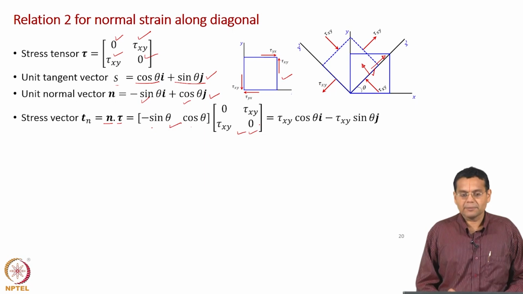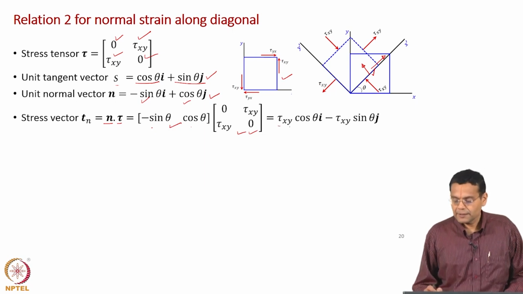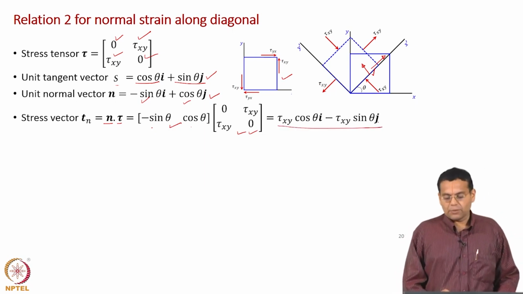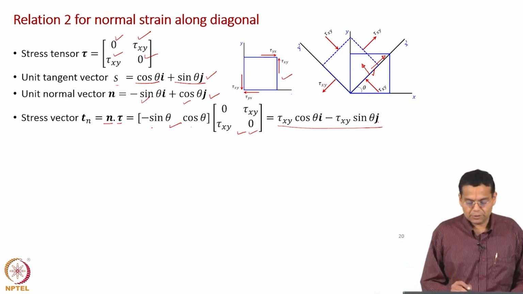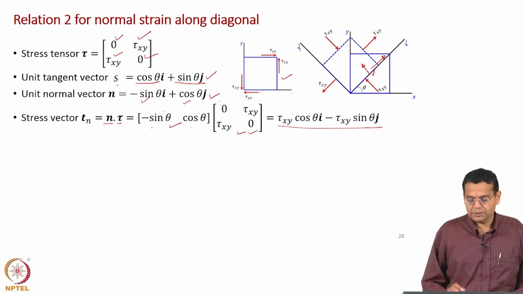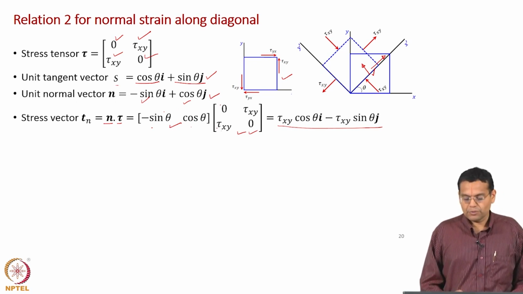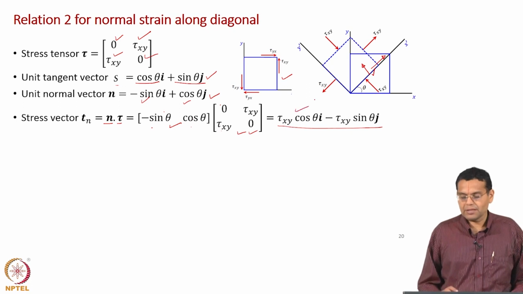A simple matrix multiplication will give us this vector: tau xy cos theta i minus tau xy sin theta j. How do you do that? Minus sin theta into 0 is 0, and then cos theta into tau xy will give you tau xy cos theta i.